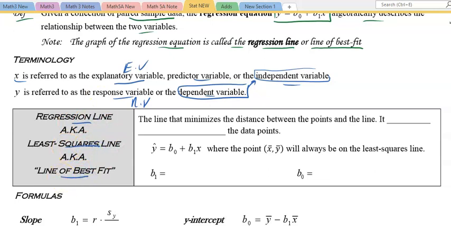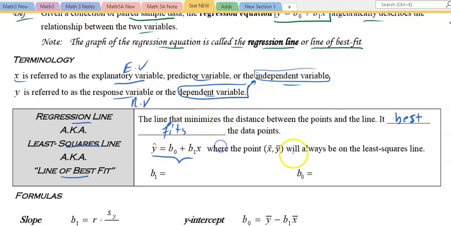You're saying the same thing when you say those three names. It's the line that minimizes the distance between the points and the line, so it best fits the data points.